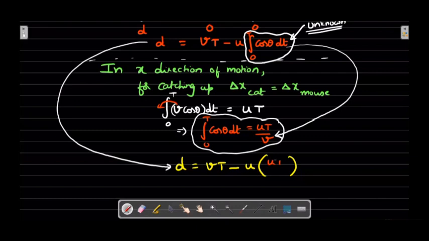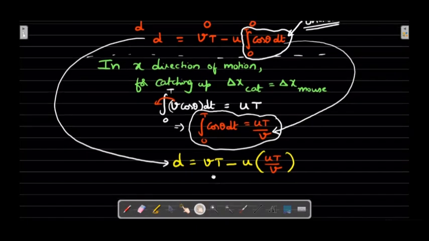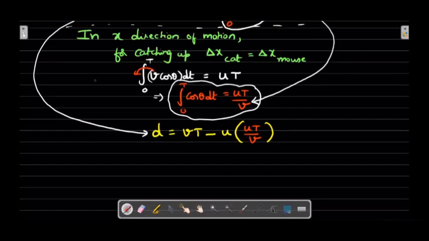So rearranging and getting the value of time, the value of t will be equal to d into v divided by v square minus u square.